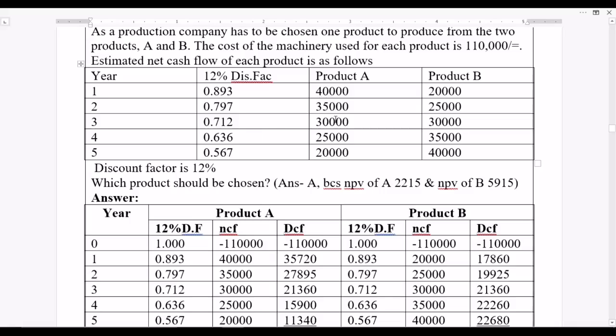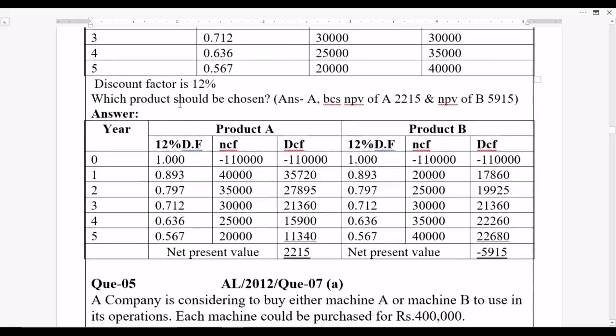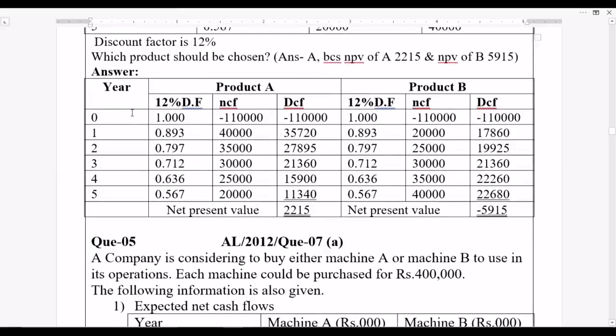This is the cash inflow for 5 years of product A. This is the cash inflow of product B for 5 years. The discount factor is 12%, so you need not calculate it manually because it is given. Right. The question is which product should be chosen, A or B. Right. So we can do the answer like this.